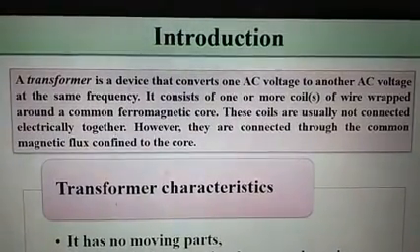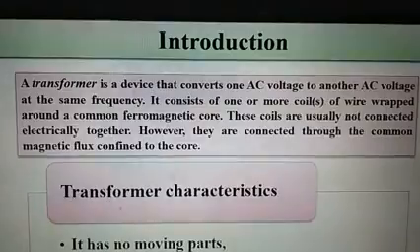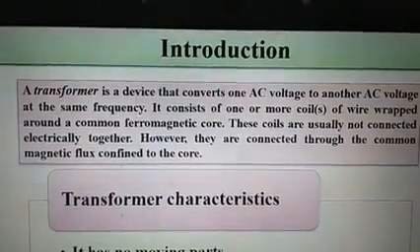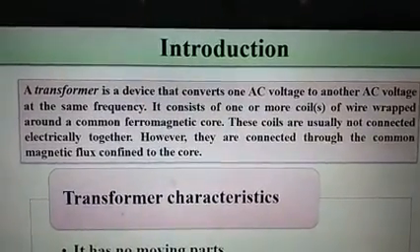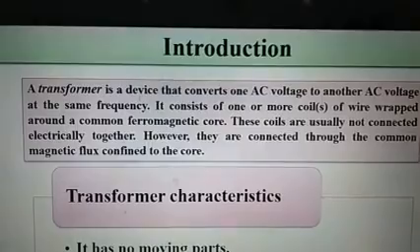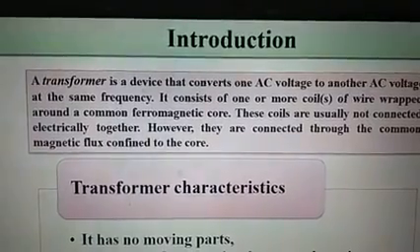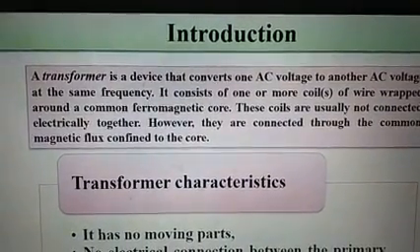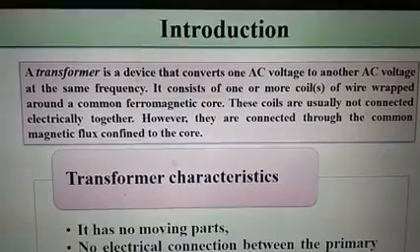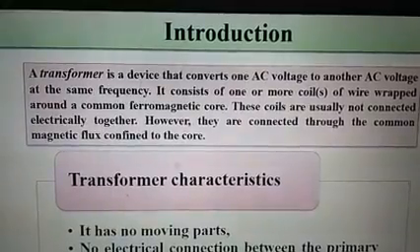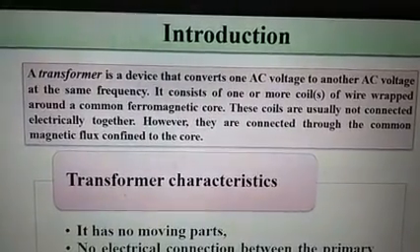The key point in this definition is that it transfers the AC voltage from the primary to secondary coil at the same frequency, and ideally the power in primary and secondary coils is also the same.